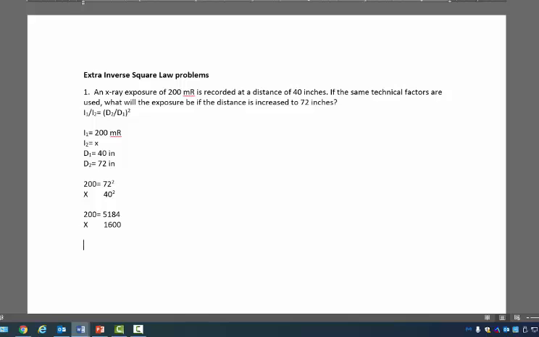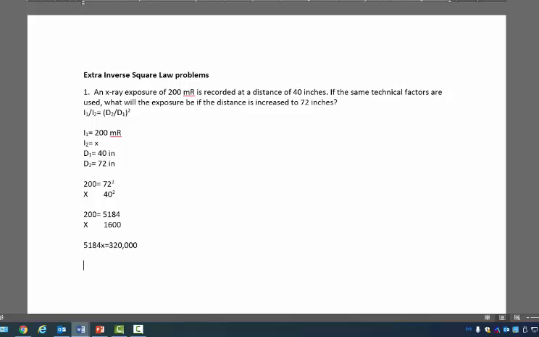Now, the next step, once you've squared the distances, you need to cross multiply. So we get 5184X equals 1600 times 200 is 320,000. Now we have to divide both sides by 5184.